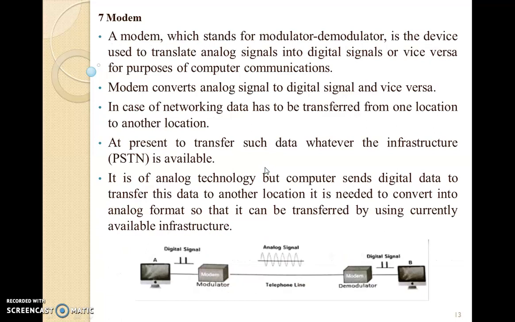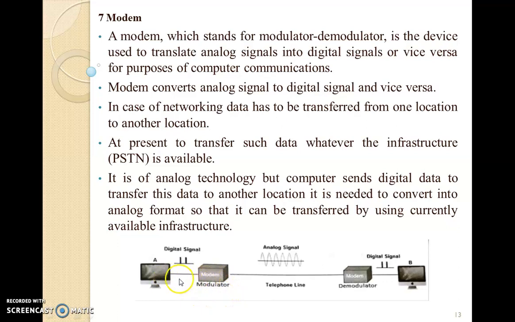Next, we have a modem. The long form of modem is modulator demodulator. The function of conversion from modulator to demodulator and again demodulator to modulator is performed by the modem. Generally, this is the location of a modem as per the diagram.